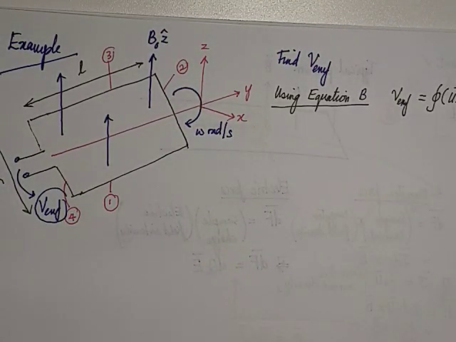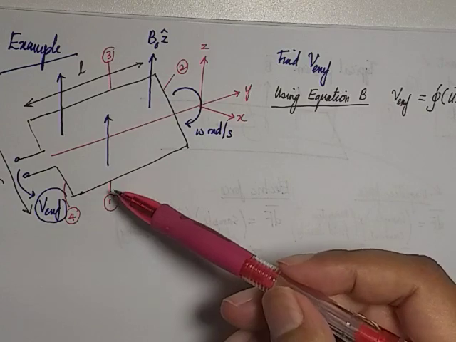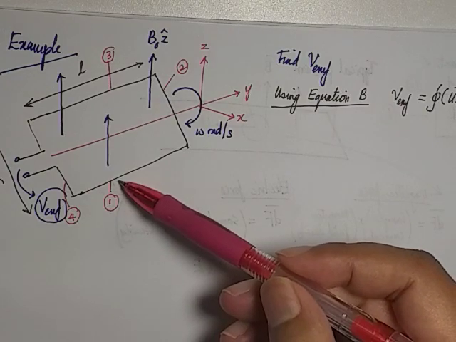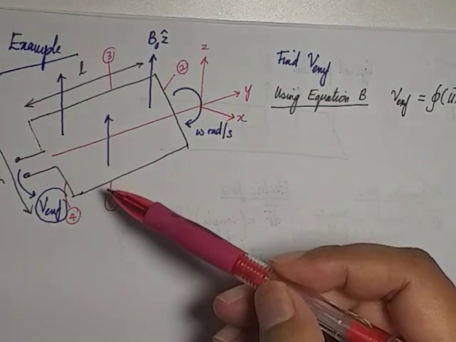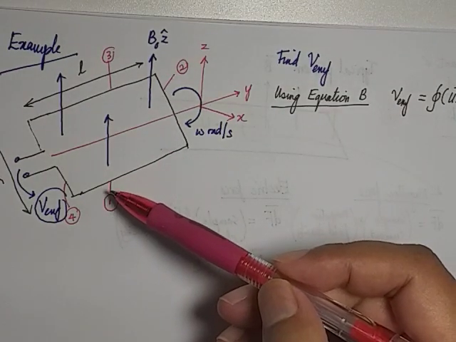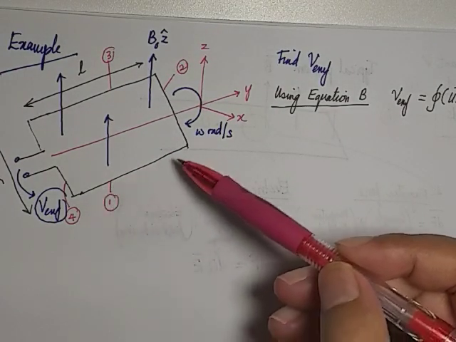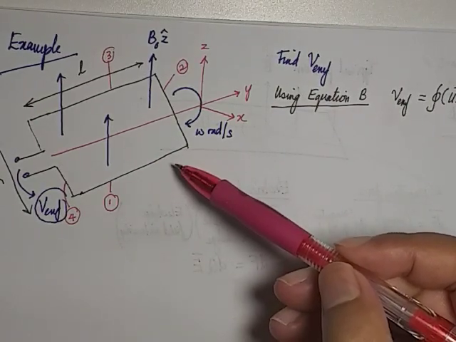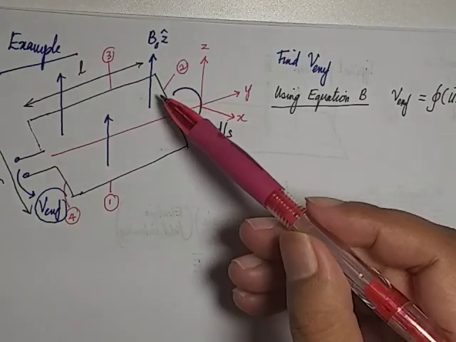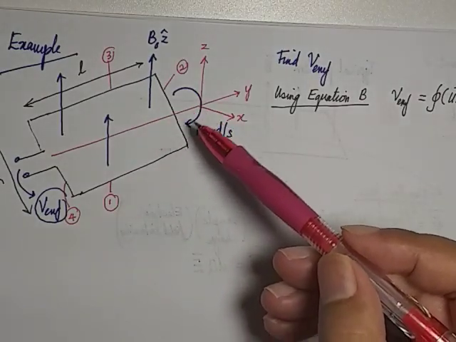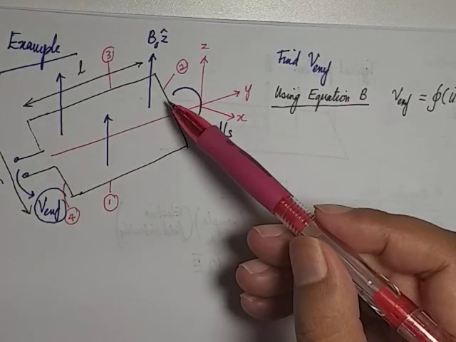Then we're going to say to ourselves, when site 1 is moving in the B, you're going to have VEMF, correct? So this site is going to generate its own induced EMF. Similarly, this side is also moving, so it's also going to create its own induced EMF.